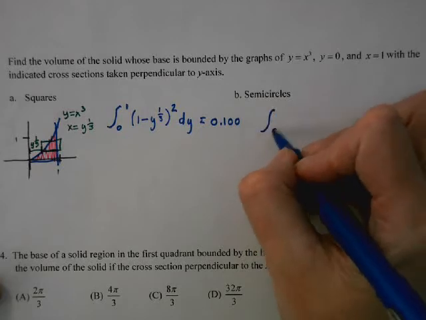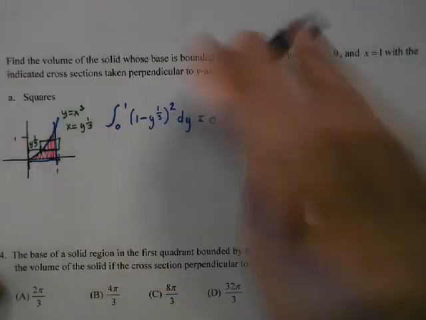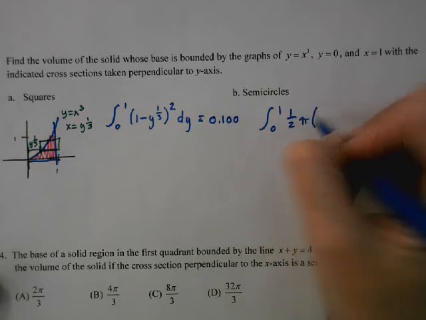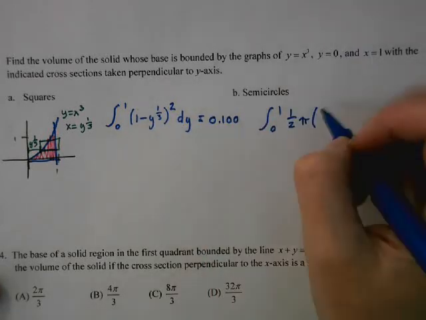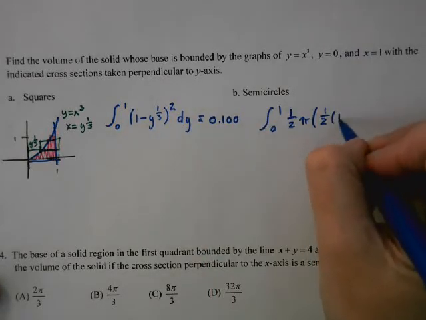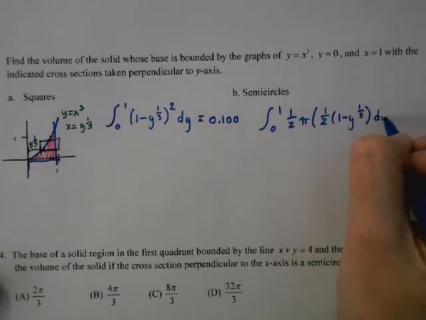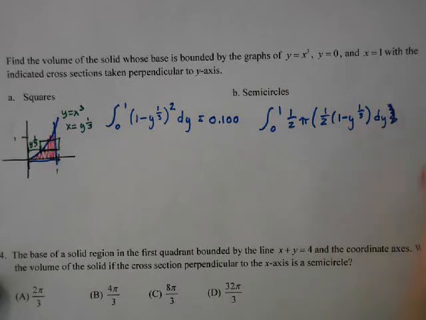So we're going to have the integral from 0 to 1, because we're going up from here to here, of 1/2 pi r squared. So 1/2 pi, the radius is going to be half of that. Anyway, type that in the calculator, 0.039.